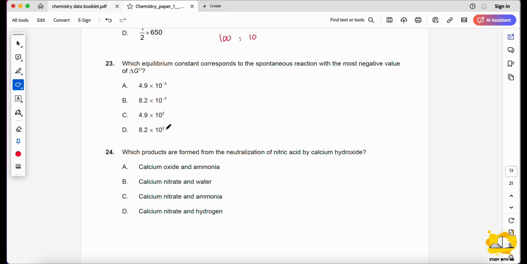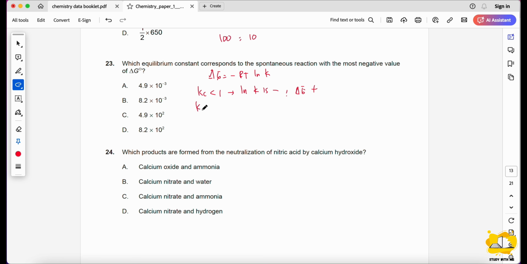Which equilibrium constant corresponds to the spontaneous reaction with the most negative value of delta G? So the equation is delta G = -RT ln K. If Kc is smaller than 1, then ln K will be negative and delta G will be positive, so it's non-spontaneous.